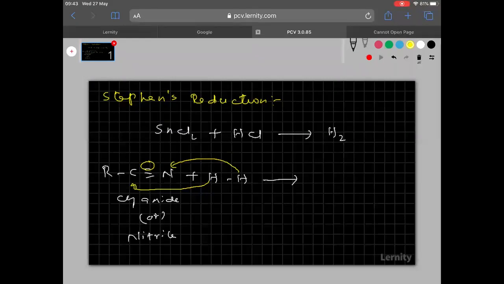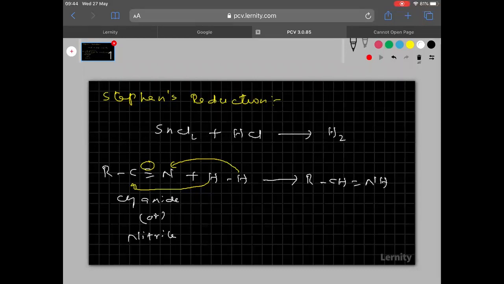In cyanide, between carbon and nitrogen a triple bond is there, which contains one sigma and two pi bonds. Pi bonds are weak bonds, so break the pi bond. After breaking, you will get R, CH, double bonded NH.